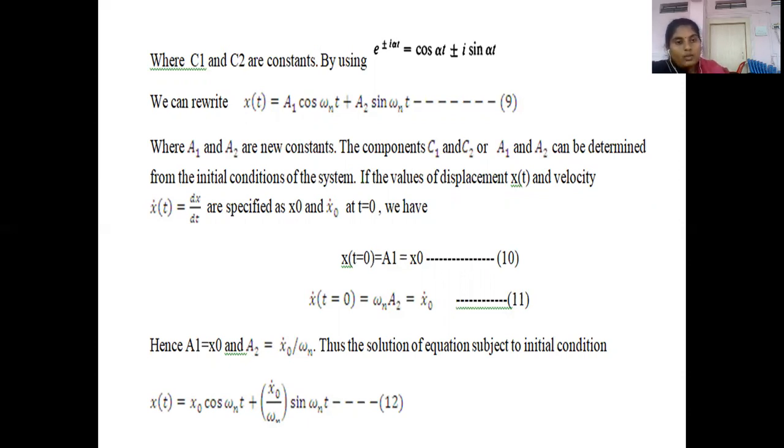Okay, so below this, write down where C1 and C2 are constants.